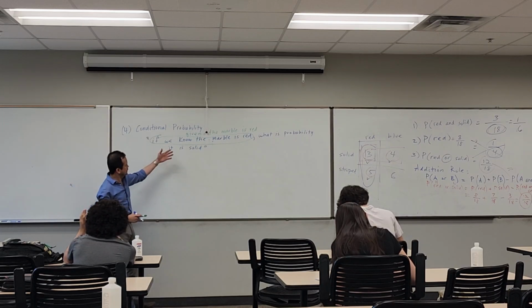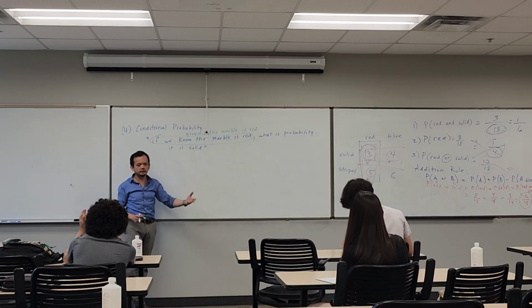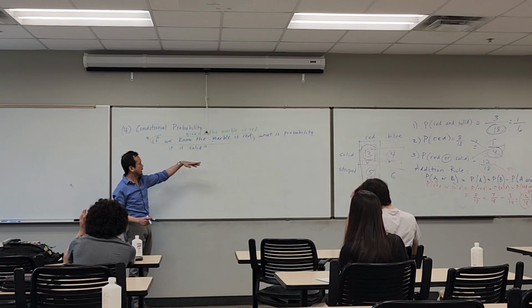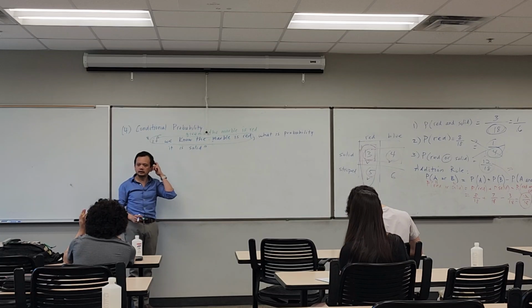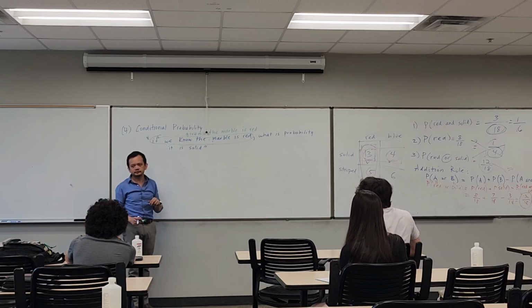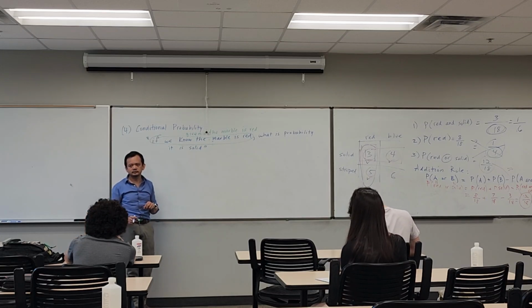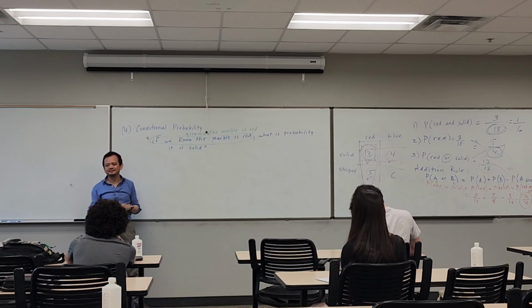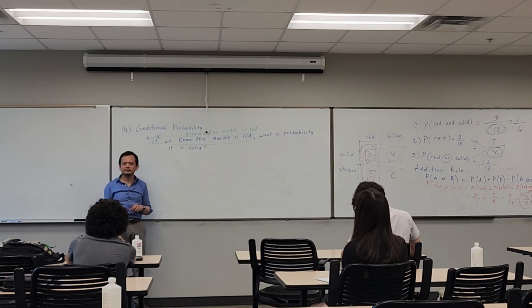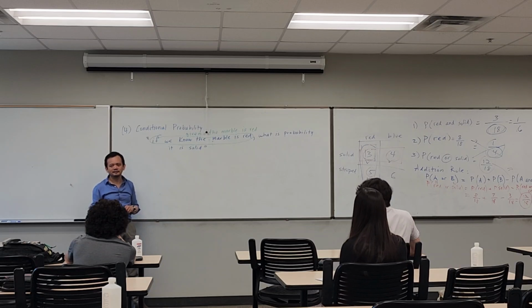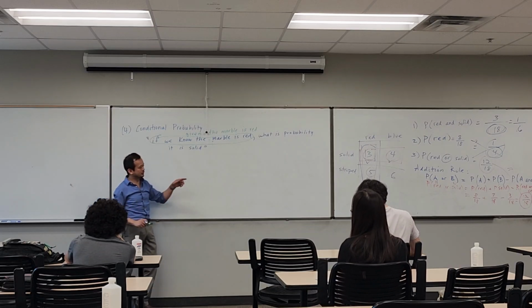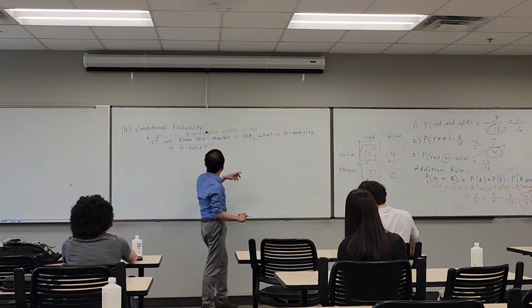So, if we know the marble's red, or assuming the marble's red, or given the marble's red, what's the probability it's solid now? Yeah. You just, first you do the denominator, you go back to the classical thing where it's all possible. So you'd go to all possible reds, and there's 8 of them. So in the denominator you put 8, and then you put solid, there's only 3, so it'd be 3 over 8. Okay, very good. So let's talk about that.